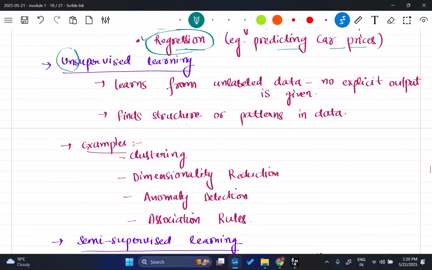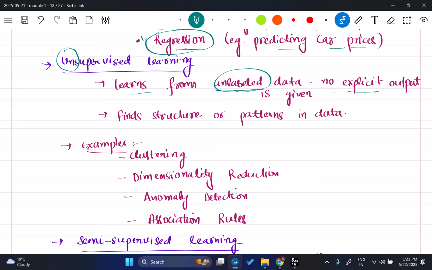What is unsupervised learning? Unsupervised means the data is unlabeled. As compared to the previous category, the supervised, in supervised, we have the data with every outcome. Like every input data is having an outcome with it, also known as labeled data. But in case of unsupervised learning, the ML model learns from unlabeled data.